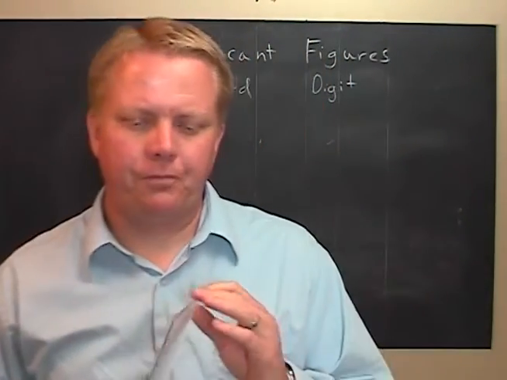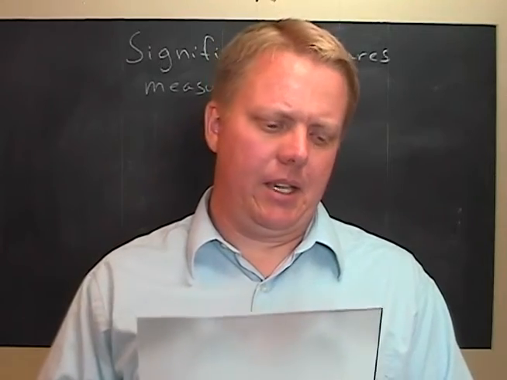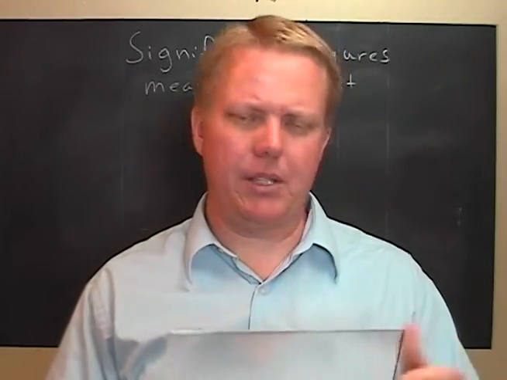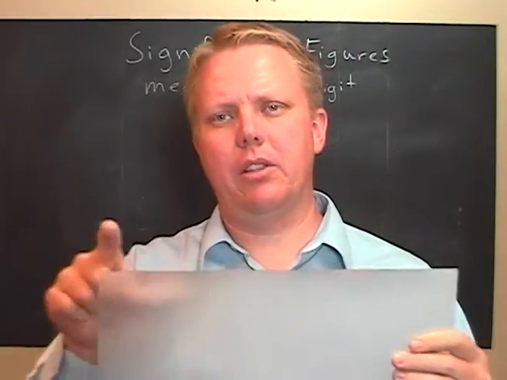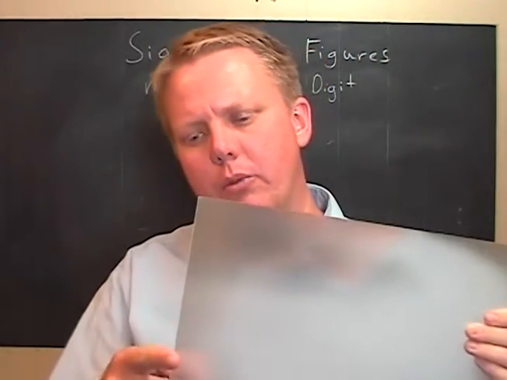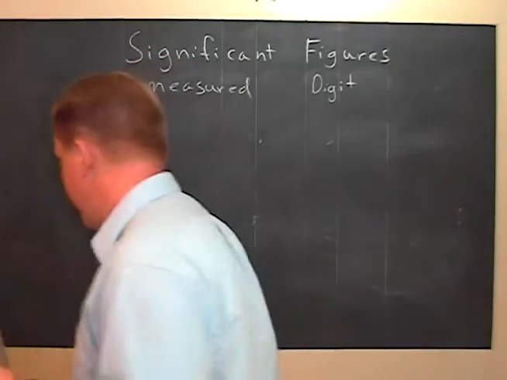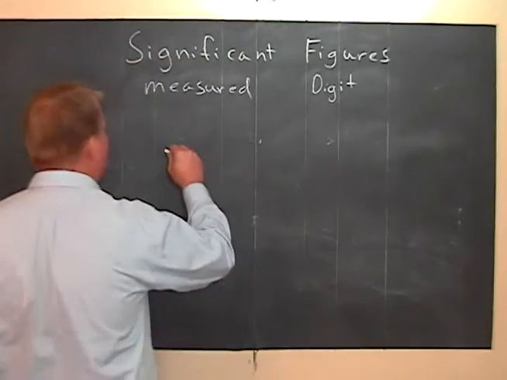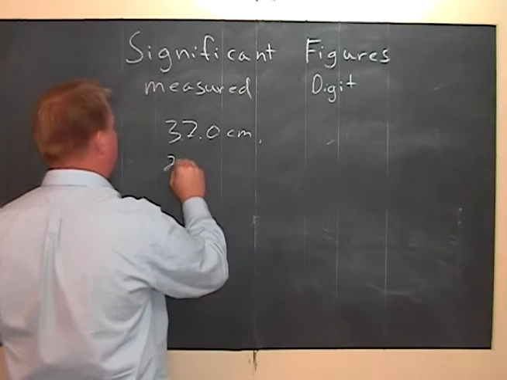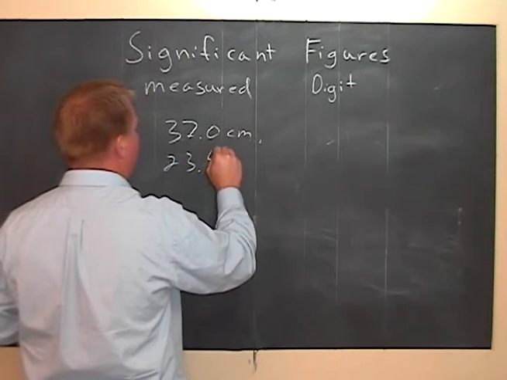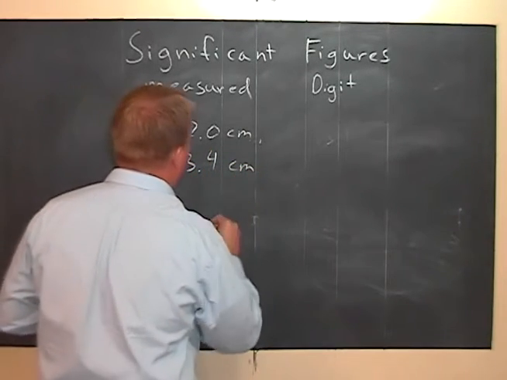One more. Let's say, and this will show you how this plays in one more time. We already did length and width on this. So we had 37 centimeters long and 23.4 centimeters wide. I'm going to put those numbers back up here. And 23.4 centimeters.